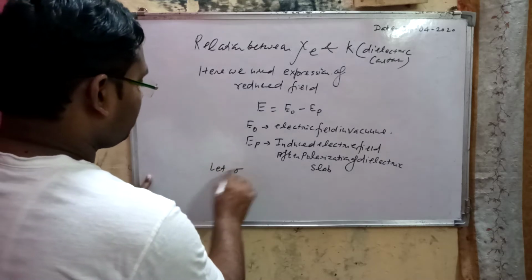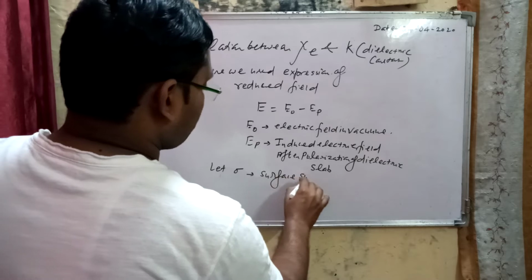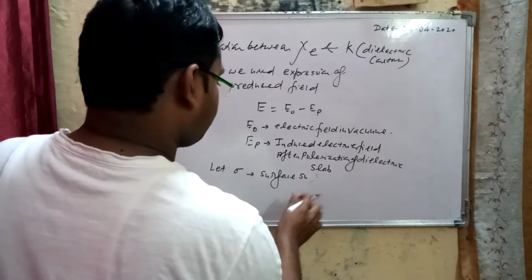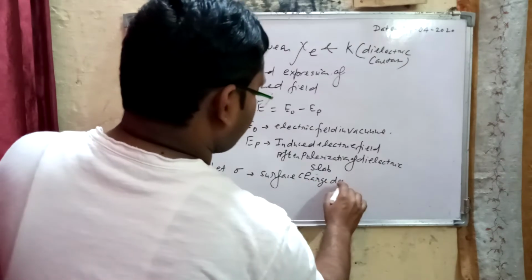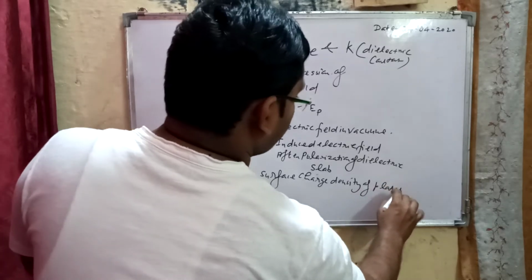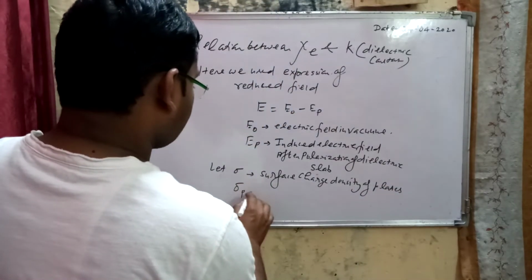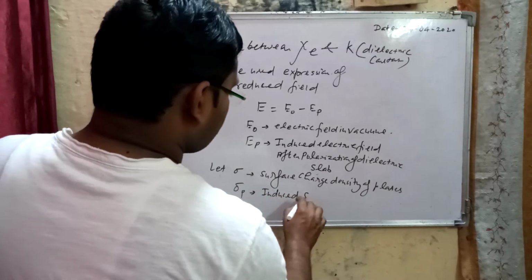Let sigma be the surface charge density of the plates, and sigma p the induced surface charge density.